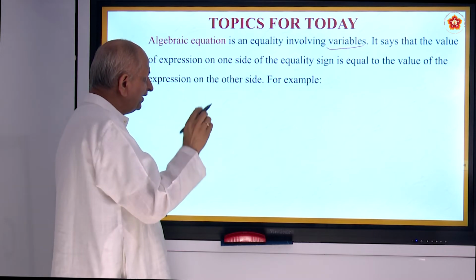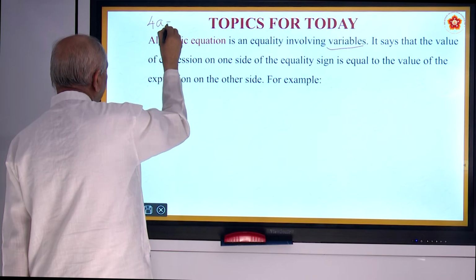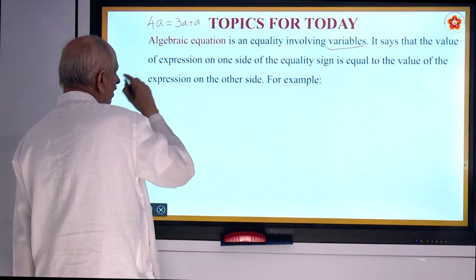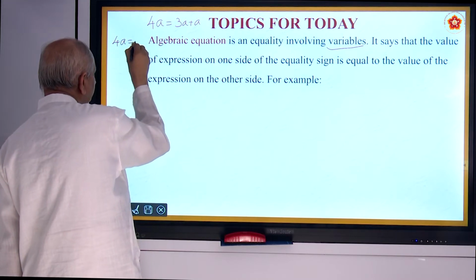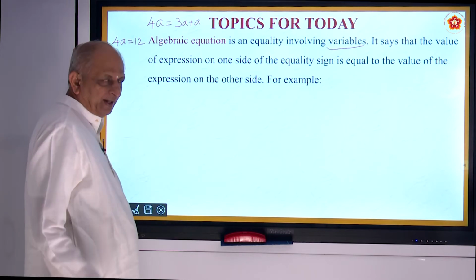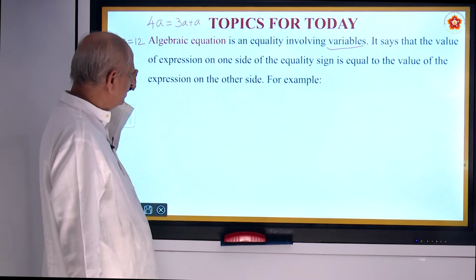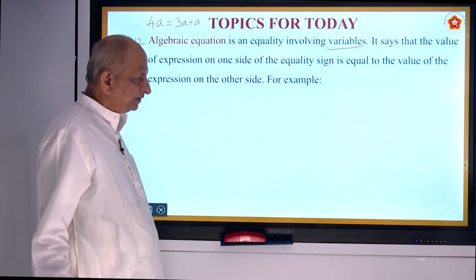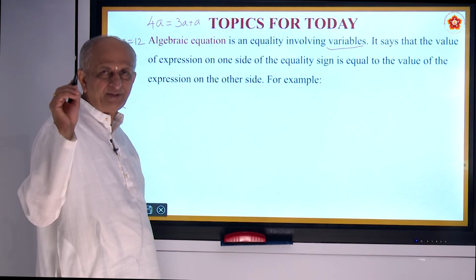So, if there is equality, means what? We say 4A is equal to 3A plus A, or you can write numbers also. 4A is equal to 12. What is the value of A? So, here A is called variable, 4 and 12 are constants. If there is an equality sign, then it becomes an equation.